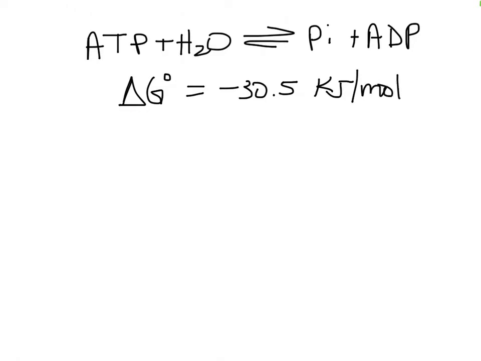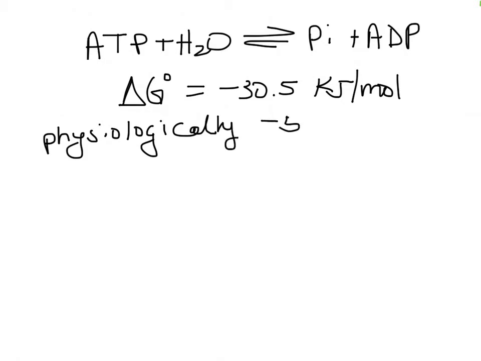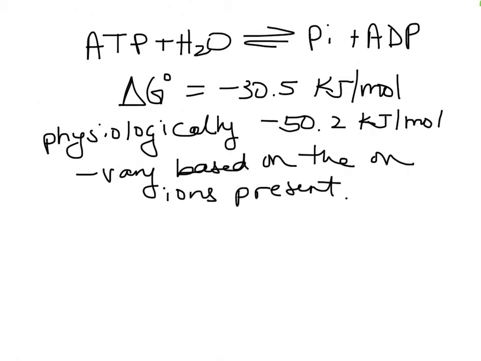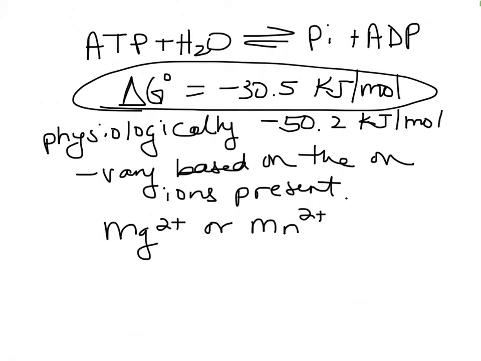Physiologically, the number is actually around negative 50.2 kilojoules per mole. And this can vary based on the ions present. So if I didn't mention this before, ATP is often associated with magnesium 2+ or manganese 2+.